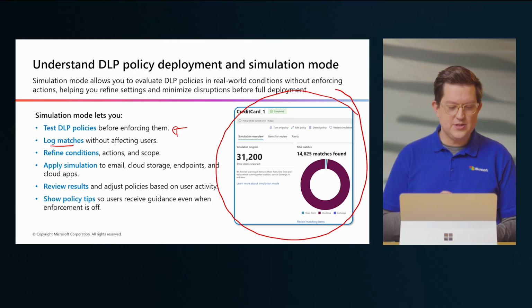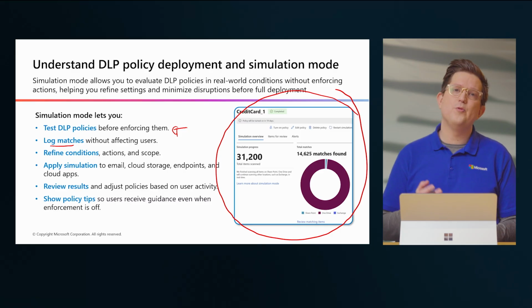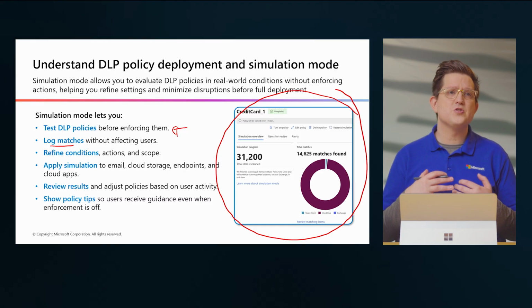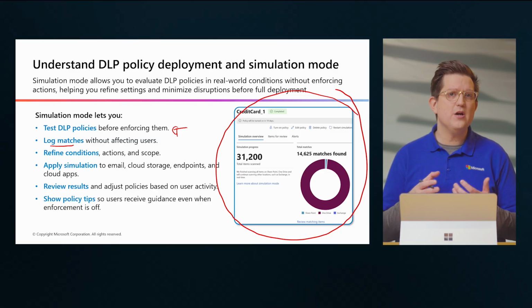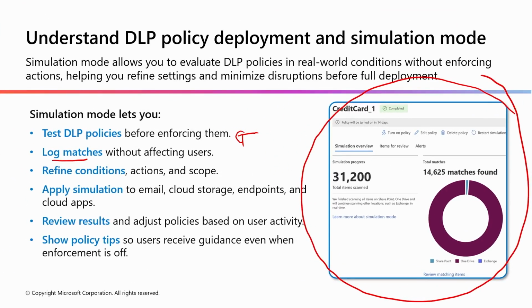Now, within the applications themselves, there are a couple of different places that we can apply simulation. Exchange, SharePoint, OneDrive, the usual suspects there. But we do also support simulation mode on endpoints themselves. So don't feel restricted about testing things before you roll them out. The majority of common scenarios are supported within that DLP simulation state.